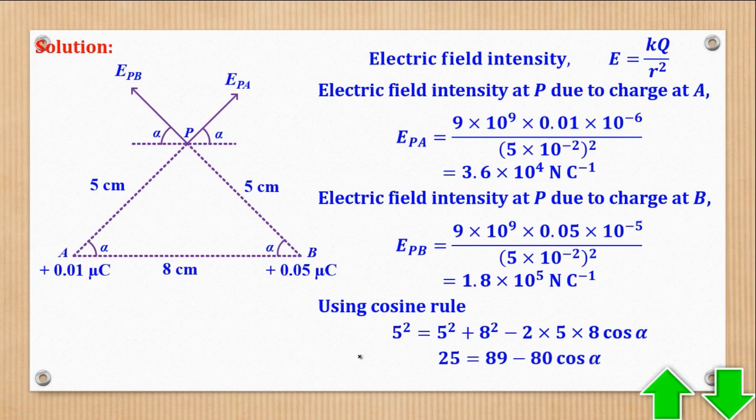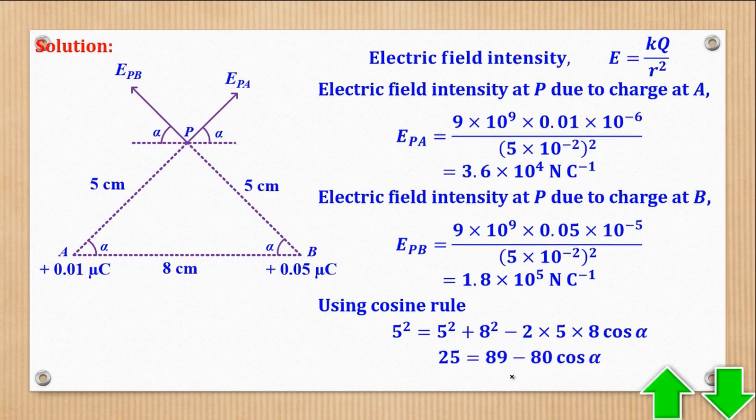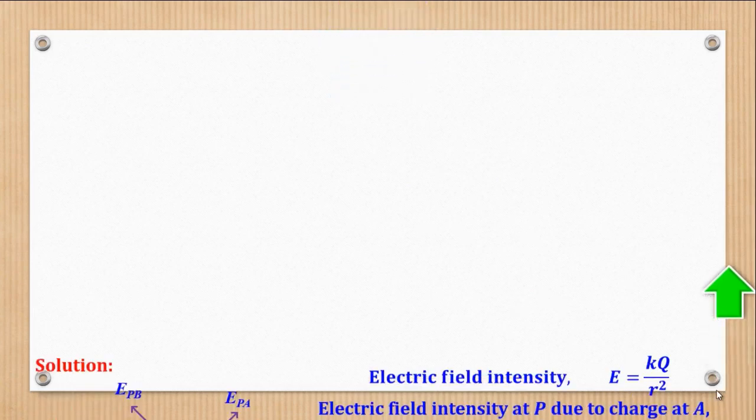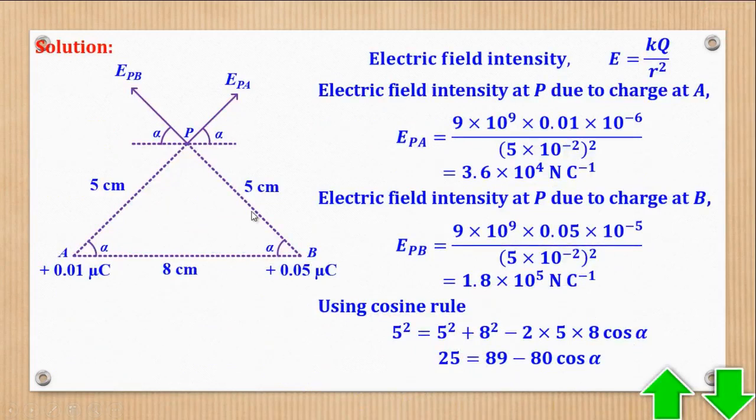Next is to simplify and look for a way of getting alpha. So alpha will be that to 2 decimal places. So now that I've got alpha, I can go ahead to get my resultant by resolving vertically and horizontally.